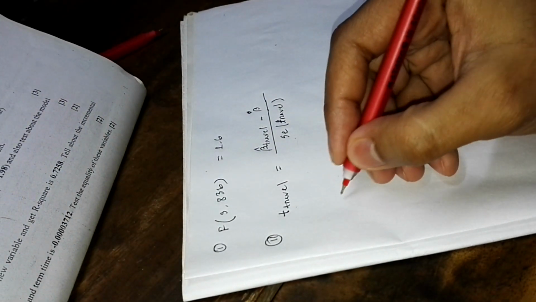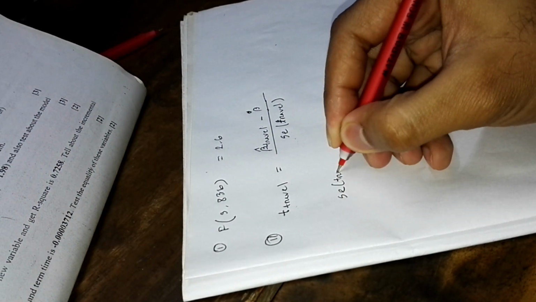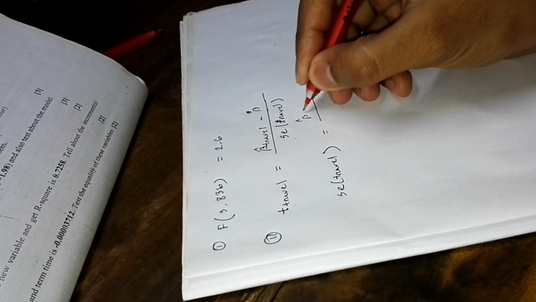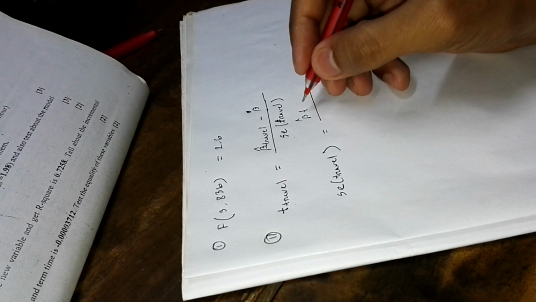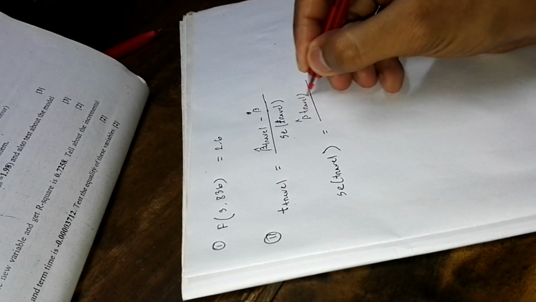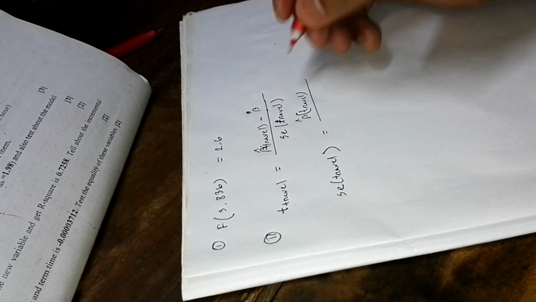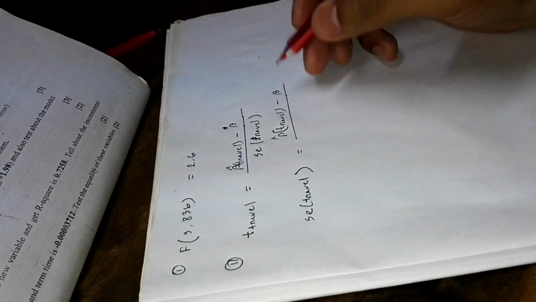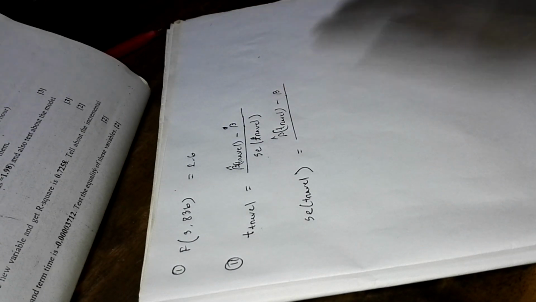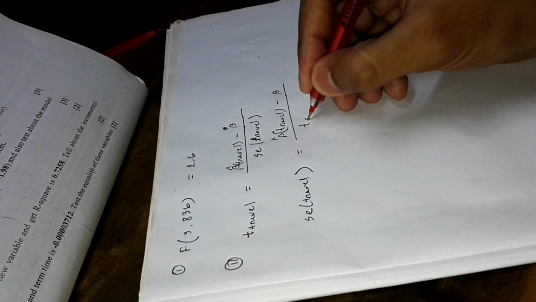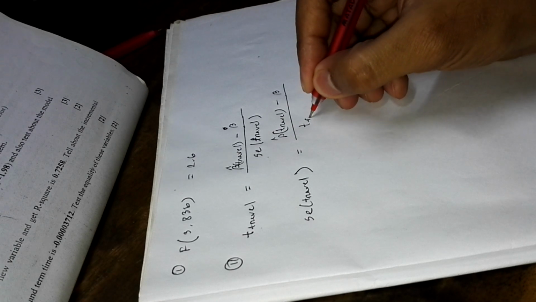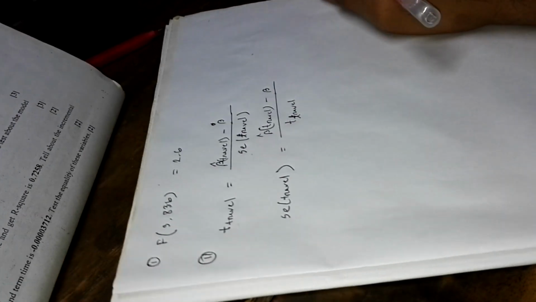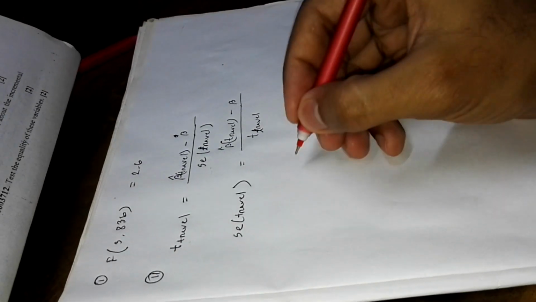So write it here: the standard error of travel equals beta travel minus beta, divided by t travel. Usually we assume this large beta, the population parameter beta, is 0. So we have the values.